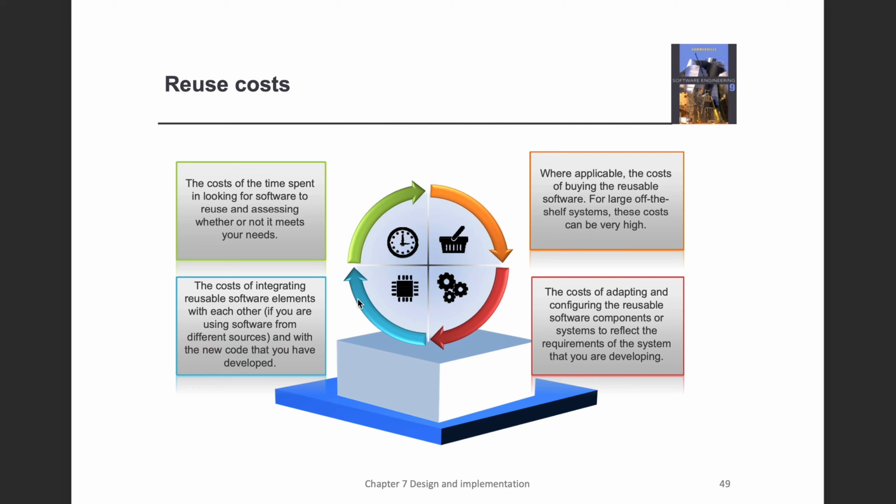If you get the software and you have to reconfigure it, that is another cost you need to look at. So reusability does not always come free. You might have to pay in other aspects, including looking for the software, integrating it, buying the components, and configuring the software to suit your requirements and needs.